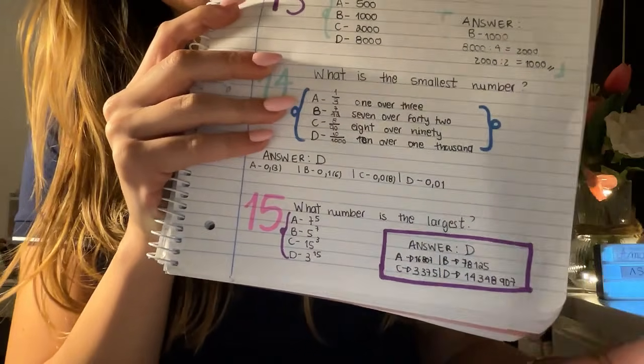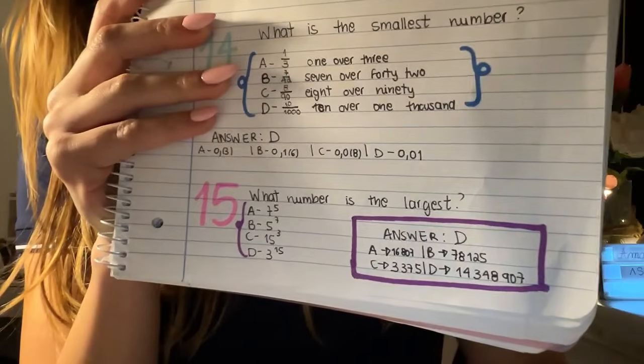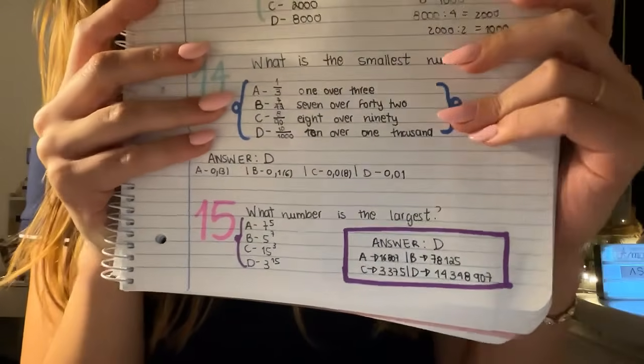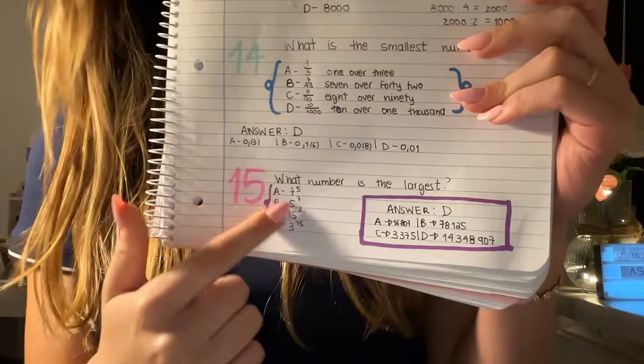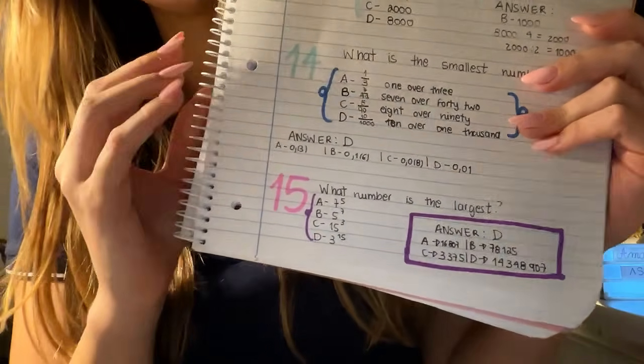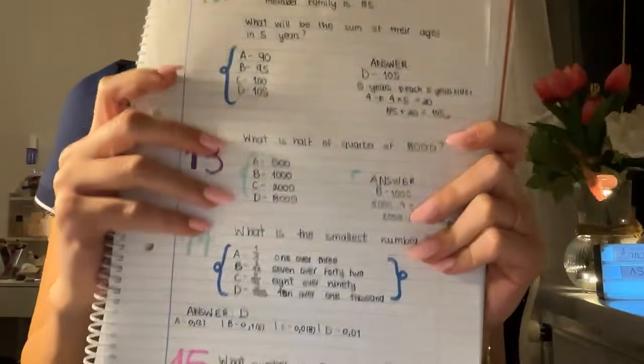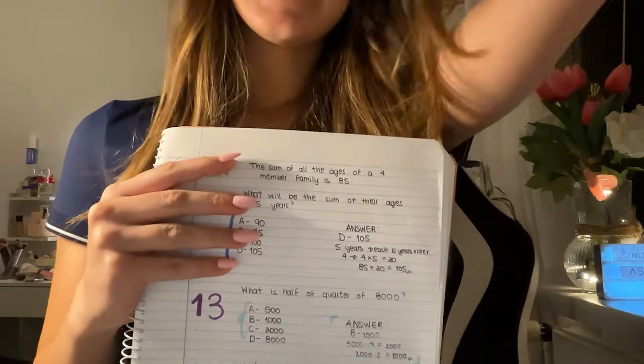The answer is D, and you can check these are the values for each one of these numbers. D is very obviously the largest number. So this was everything for this IQ test.